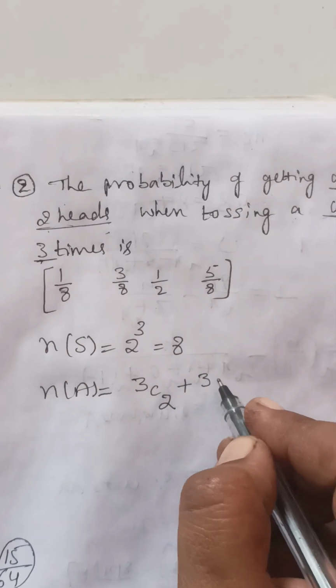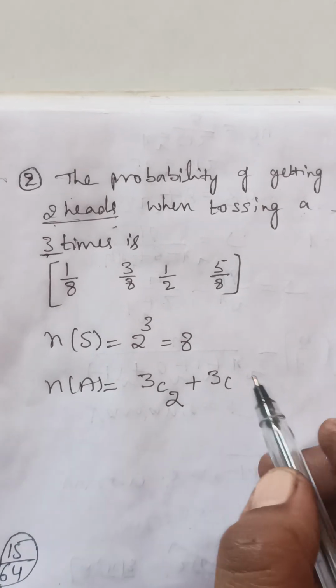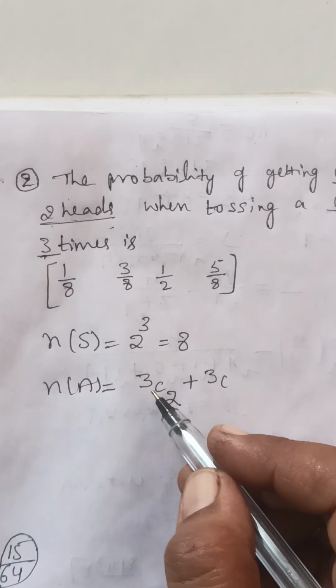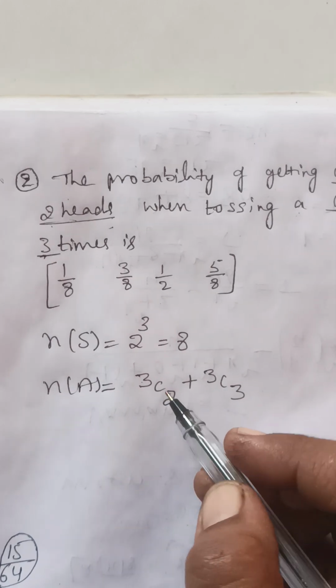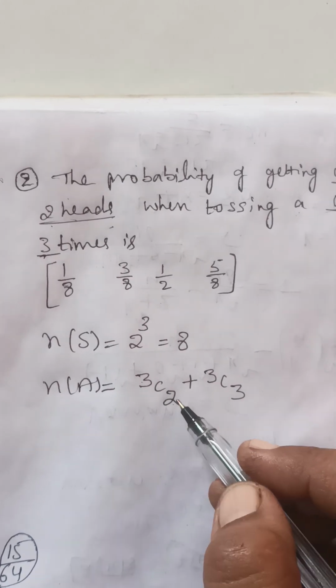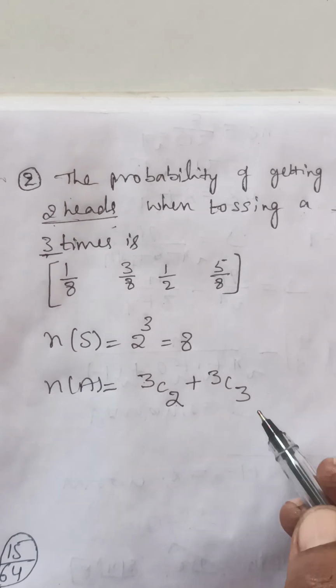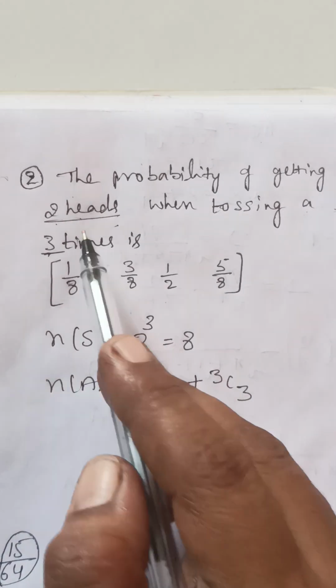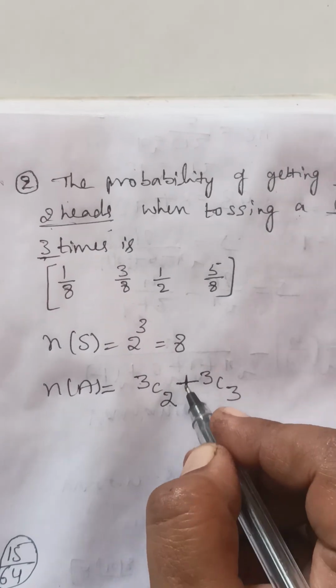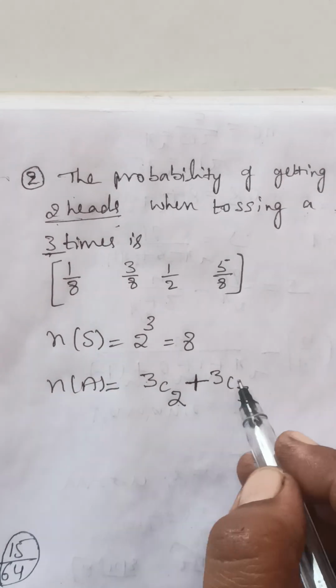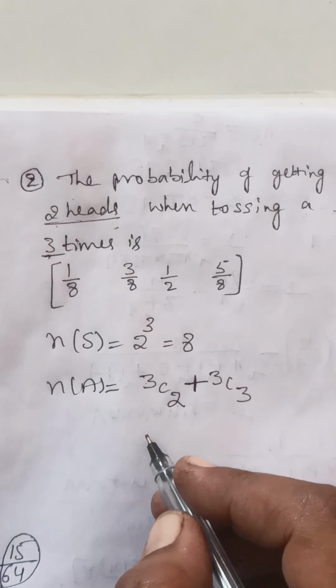So in this case we take 3C2 plus 3C3, because out of 3 we may get 2 heads or 3 heads, since it is at least 2 heads. So these two are correct, and we just add these two answers.